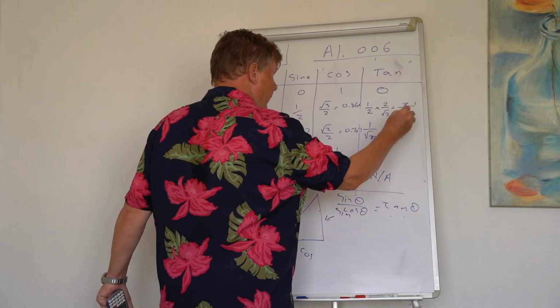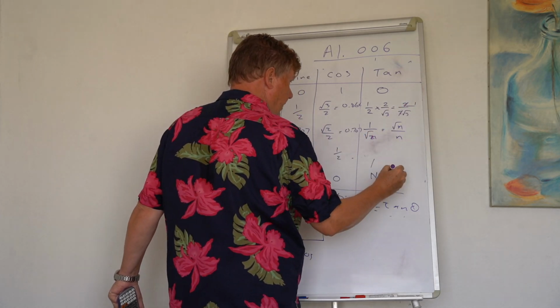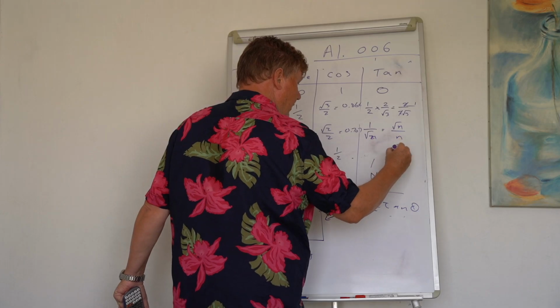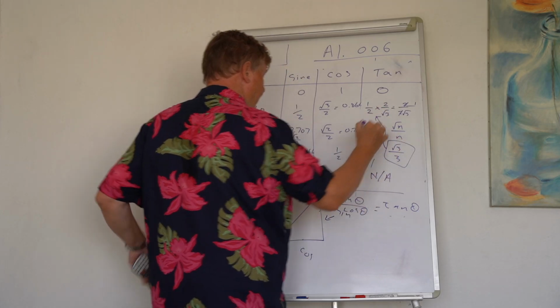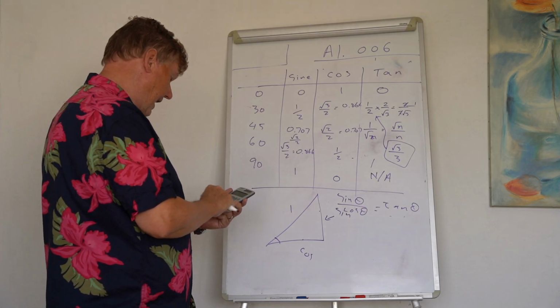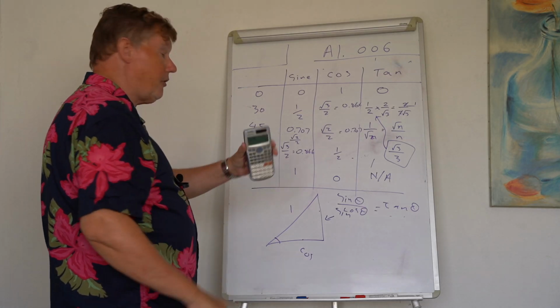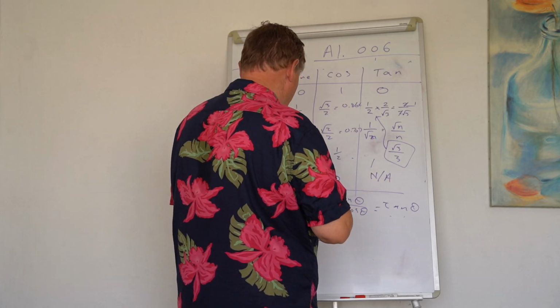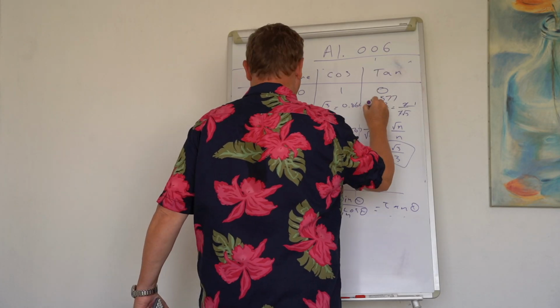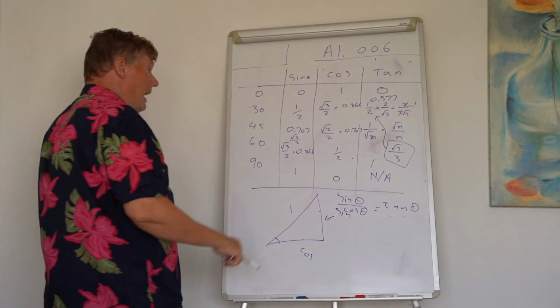So 1 over root 3 is the same as root 3 divided by 3. And if you get your calculator out and you go tan 30, root 3 over 3, which is about 0.577, is the tangent of 30 degrees.